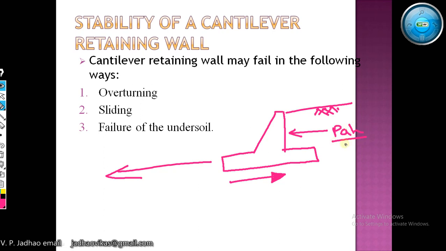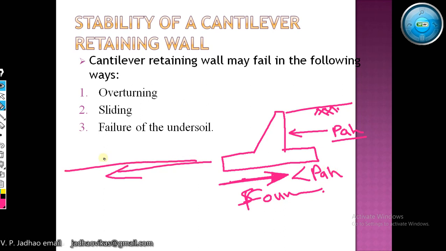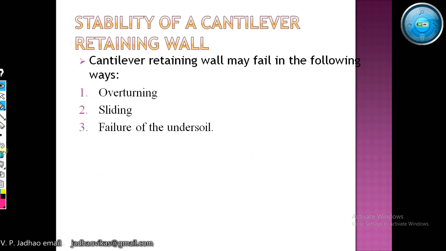If PAH is more than the frictional force developed by the soil mass or foundation soil, then this retaining wall will slide in this particular direction. So this may be one of the ways of failure of retaining wall.